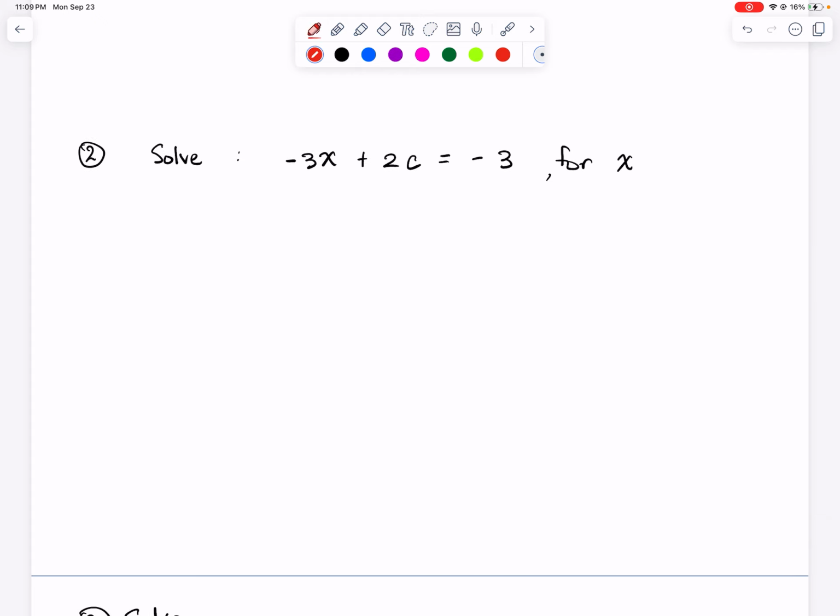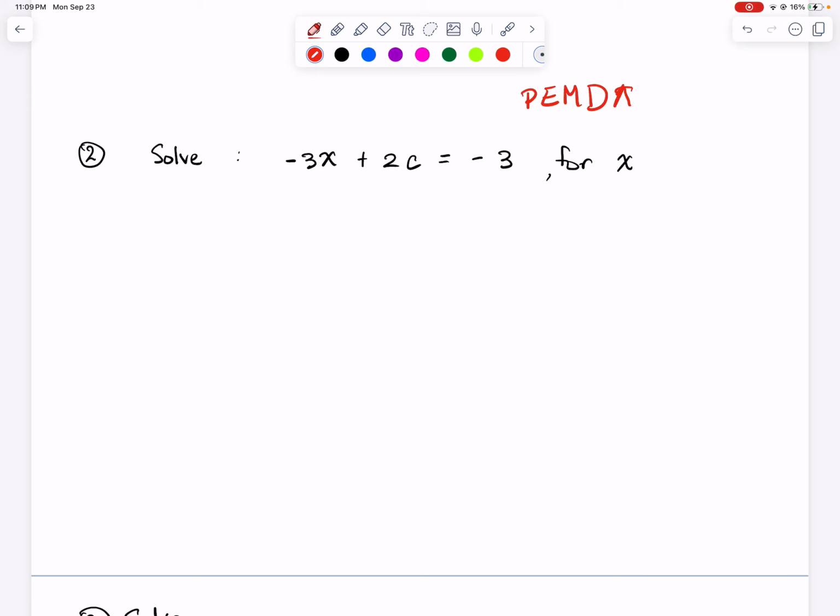All right. So here we're asked to solve for x. Once again, I keep saying m, but we're being asked to solve for x. So that means we are going to try to get this x alone. Right here, we have 2c being added. And so I want to remind you that when you're solving an equation, and we did this before, we are solving backwards.